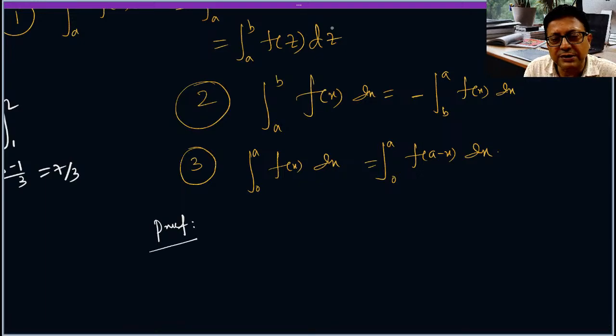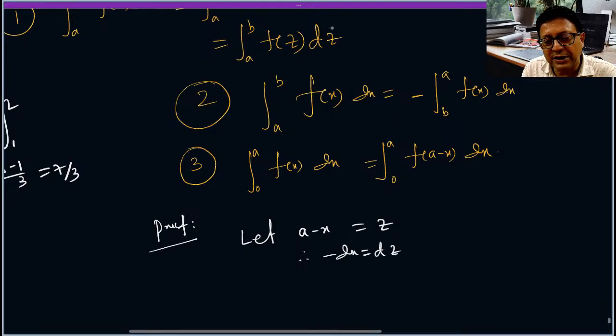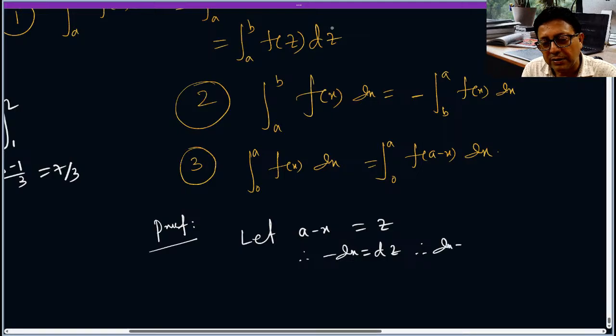You start with the RHS. Let a minus x equal to z. So minus dx will be dz, dx will be minus dz. So RHS is what?